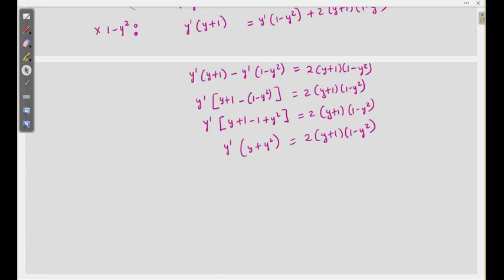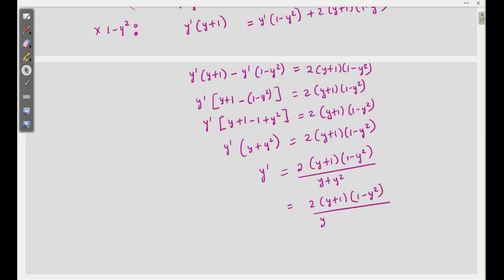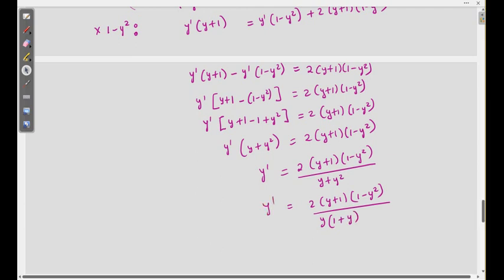Then the last thing is to say y prime will be 2 into y plus 1, 1 minus y squared divided by y plus y squared. I think we can simplify further: y into 1 plus y, as our derivative.